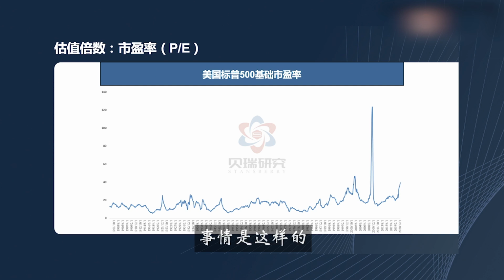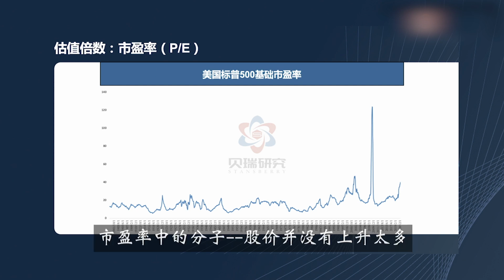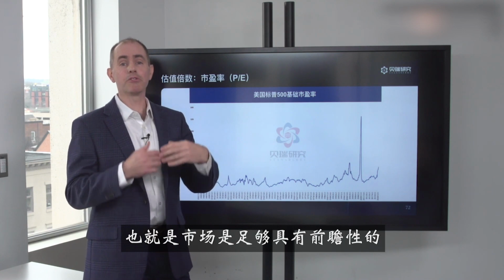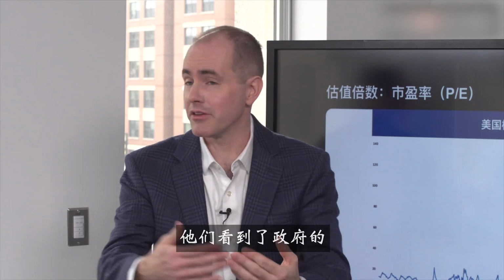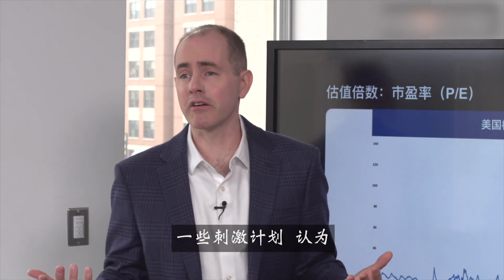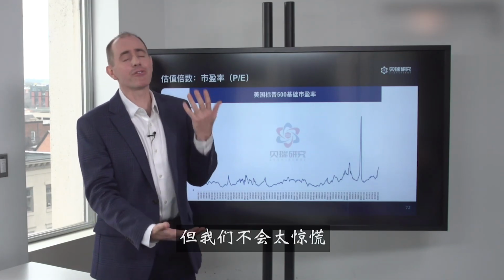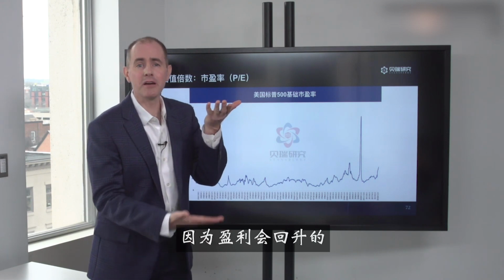Well, here's the thing. It wasn't so much that the P in the PE went up. It's that the E went way down because the US had a financial crisis. Ironically, the market was forward-thinking enough. They saw some stimulus packages from the government and said, yes, earnings went way down, but we're not going to freak out so much because those earnings are going to come back up.